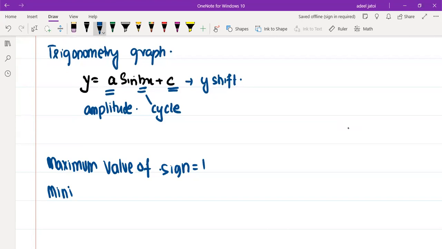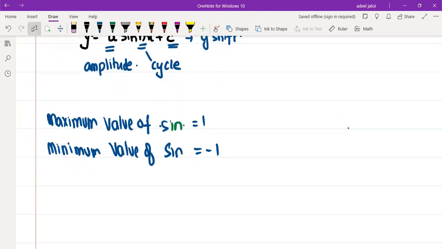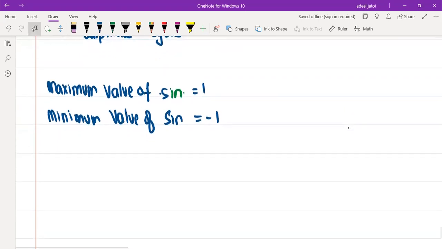The minimum value of sine is equal to -1.